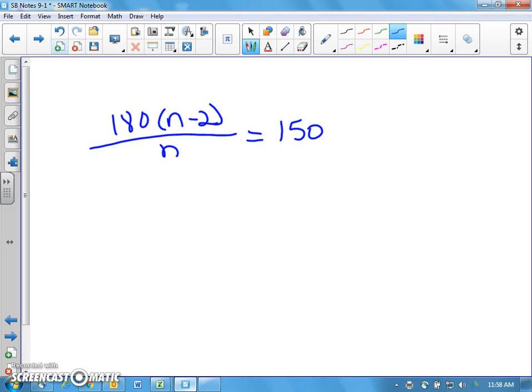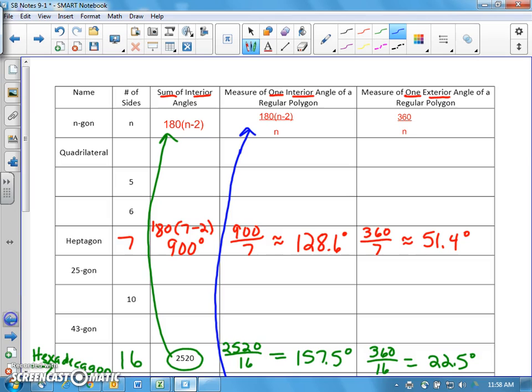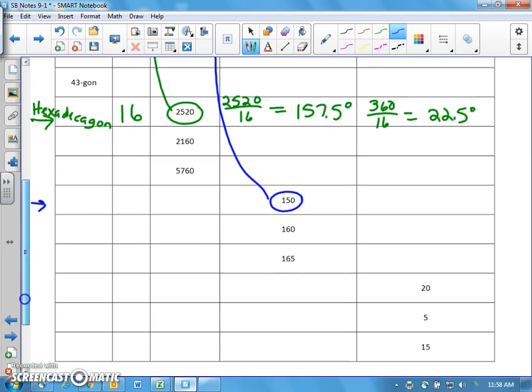To solve this, I need to distribute here, and I'm also going to multiply by n to move that across. So I have 180n minus 360 equals 150n. Subtracting 180n gives me a negative 30n. So when I divide, I'm going to get 12. So all the way back down here, I now know that I have 12 sides.